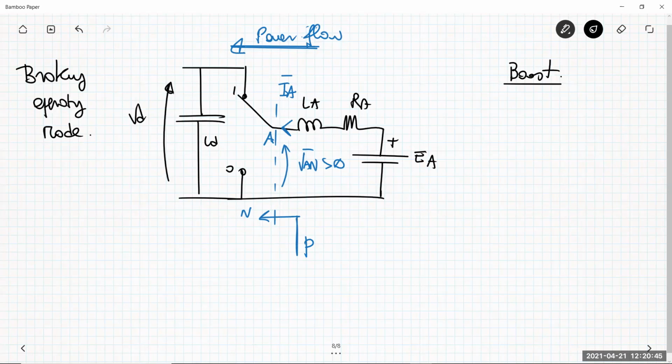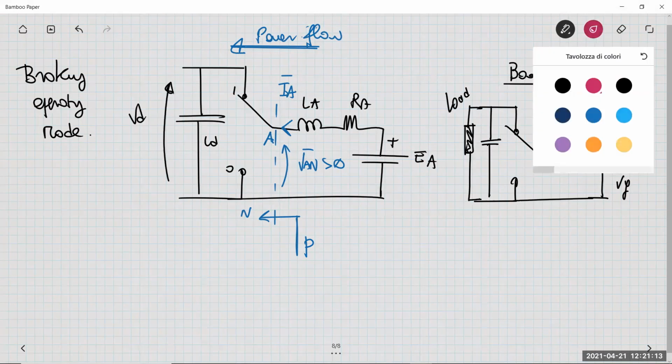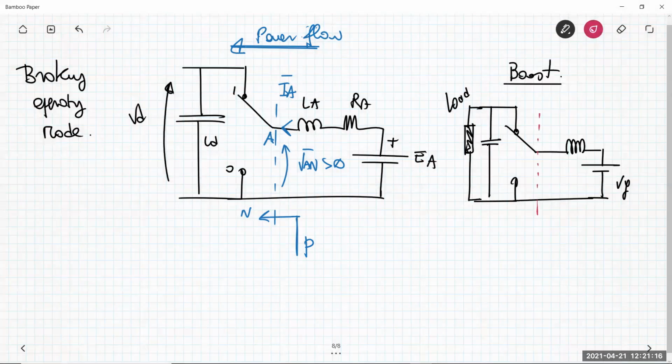So in that condition, remember our example that we had previously, we have something like this. This is the load. This is our source. And in that situation, the power flow has exactly this direction. Okay, the power transits from the right to the left.